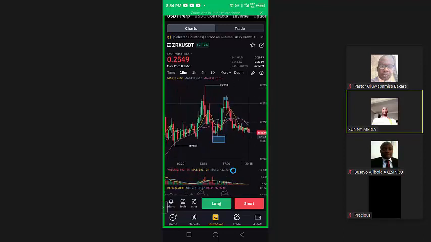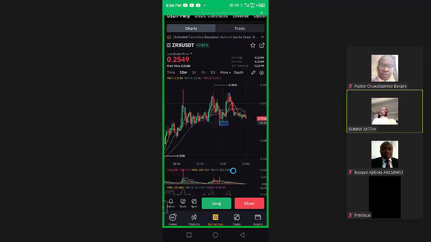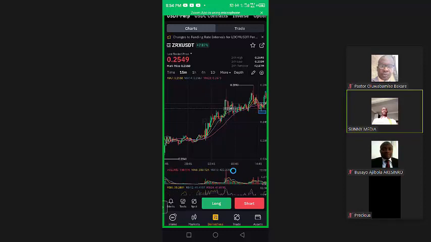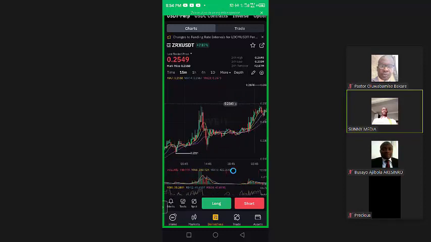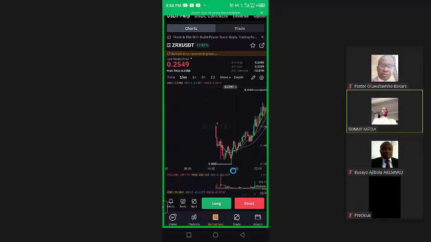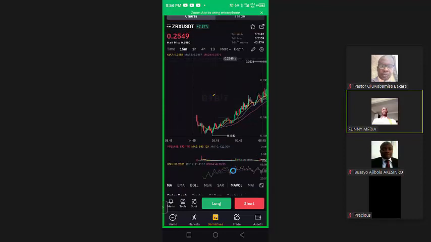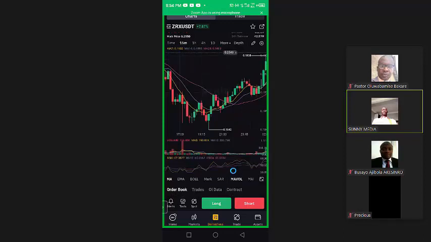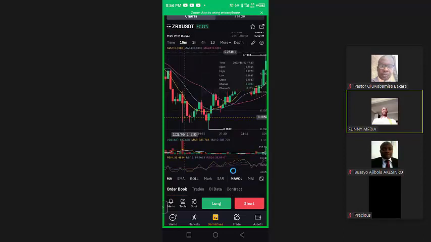This is also valid, but the candle has to close above the former low. When I say close above it, once the first one forms like this one, this is the second one here.